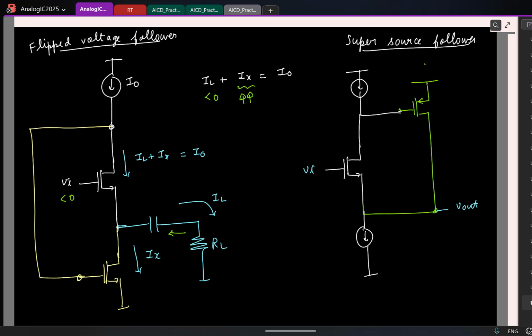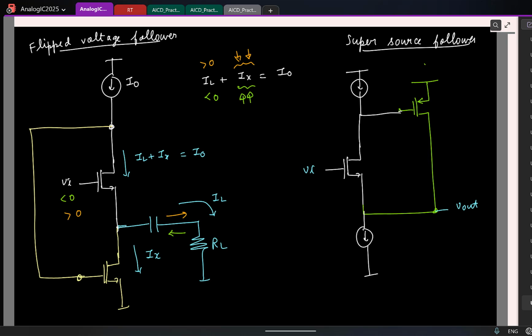No issues. But let us say Vi is greater than 0. Then the current will flow like this, and IL is greater than 0. If I keep increasing Vi, this current will keep increasing, so Ix will keep reducing.